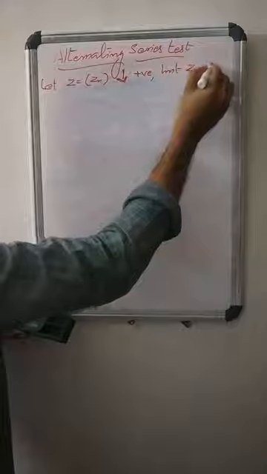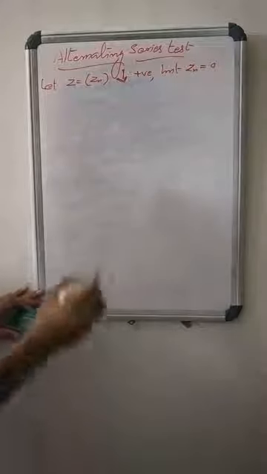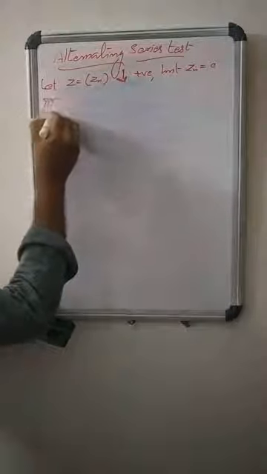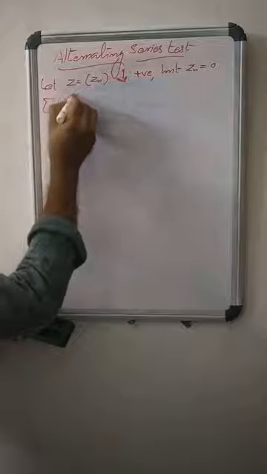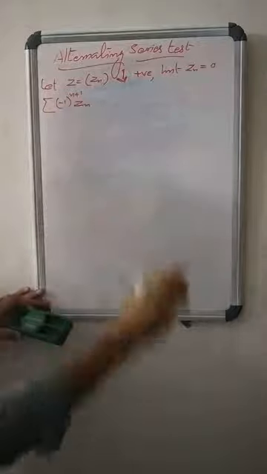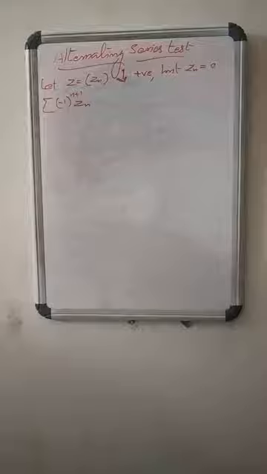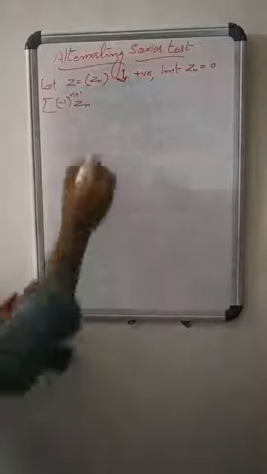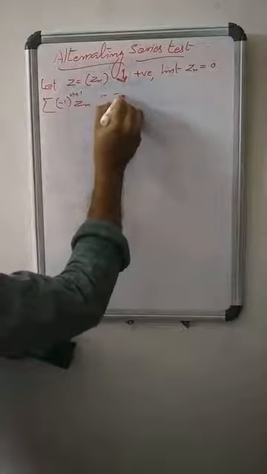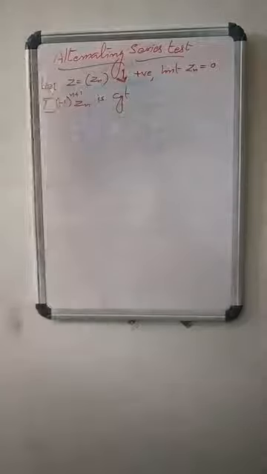Then the alternating series sigma (-1)^(n+1) zn is convergent. So this is the alternating series test.